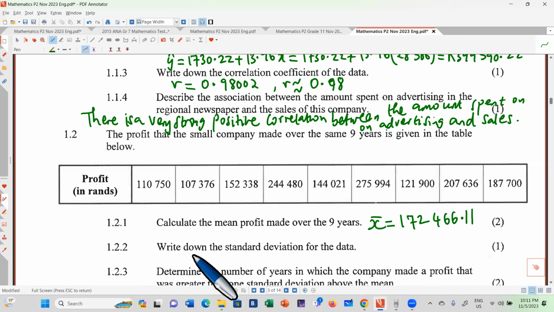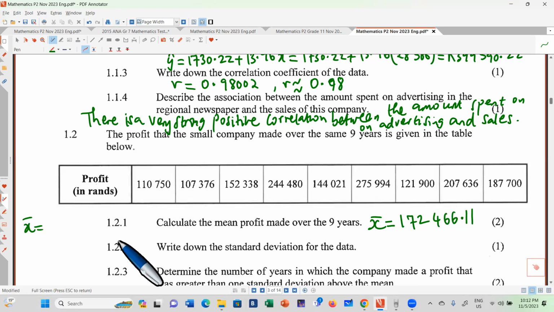Then the next thing is from the same data, they want us to write down the standard deviation. So it's just 1 mark. You don't need to calculate anything, but need to understand that the mean can also be done using summation. So you can say these plus that, plus that, plus that, all of them.